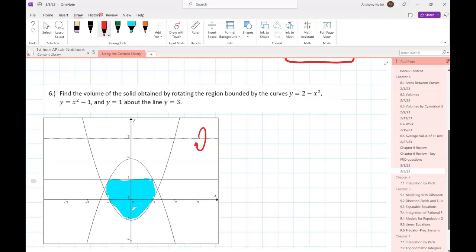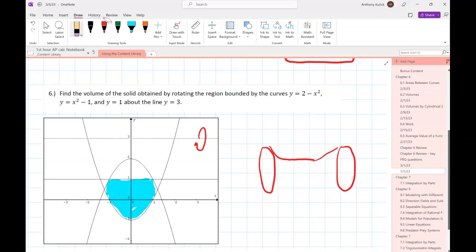So, I guess we would want these distances though, huh? Right, this will be washer shaped because it goes like this and then it goes like that, where it just flattens out in the middle, right?